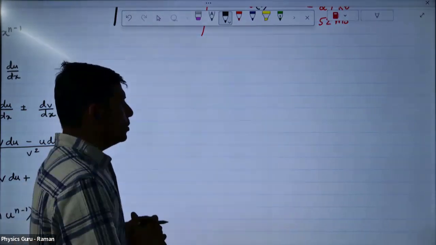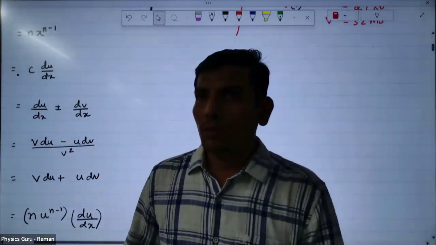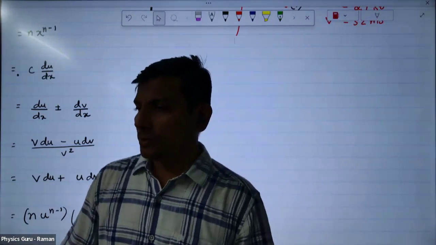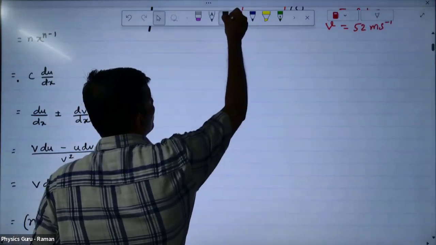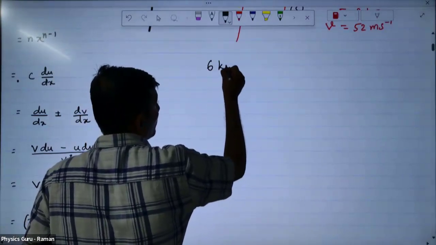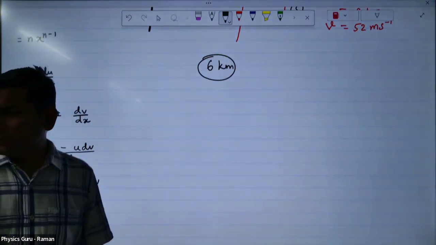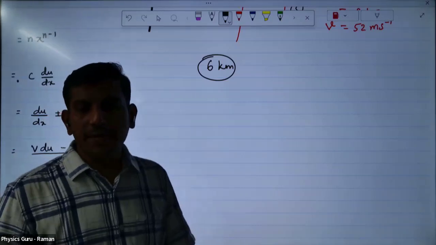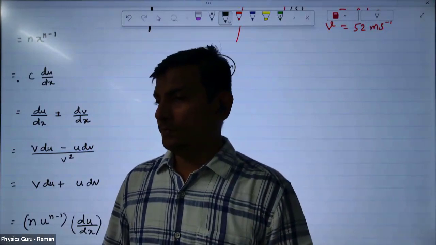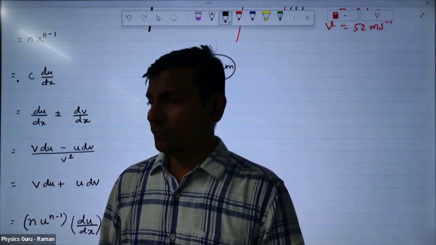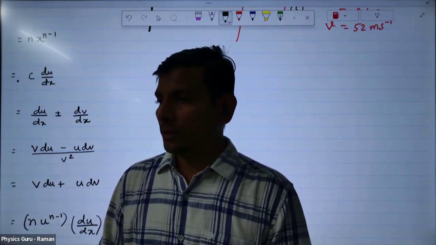So from his house to the park, it is 6 kilometers. Let's assume that. The total distance is 6 kilometers. He has to travel 6 kilometers. And imagine that he is walking steadily, not slowing down, not speeding up. He is walking steadily. Okay? This is the situation.